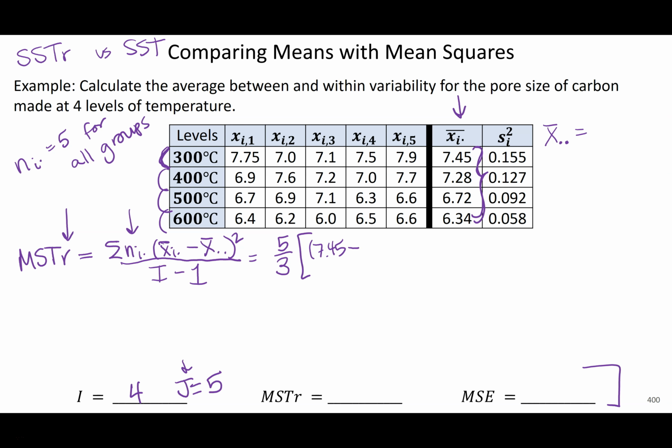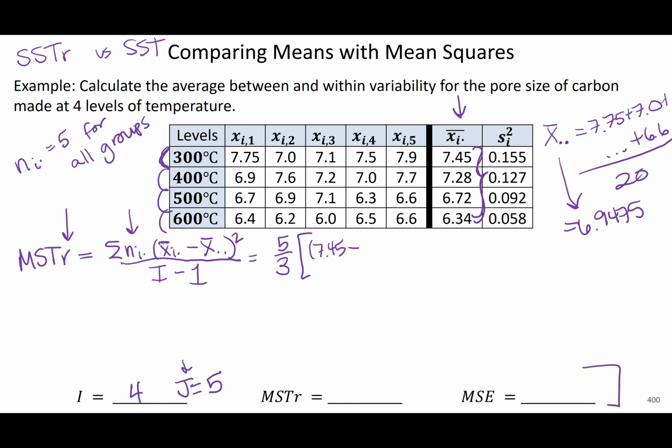It will give you the wrong answer. So if you add up all the observations, plus dot dot dot, all the way through, divide by 20, we're going to get 6.9475. This is going to be my overall mean. So if I average all 20 of these.